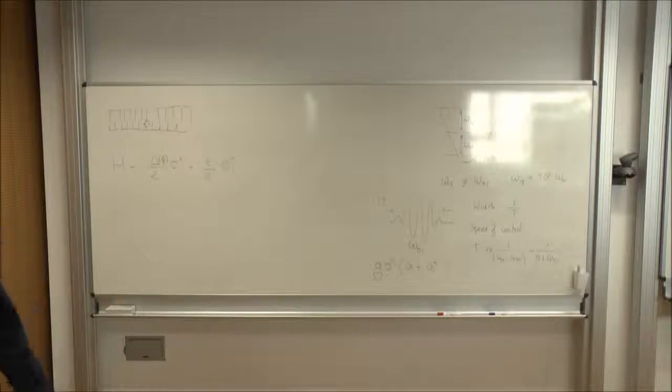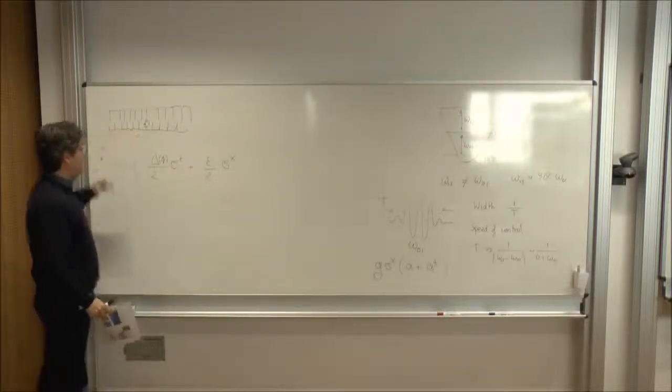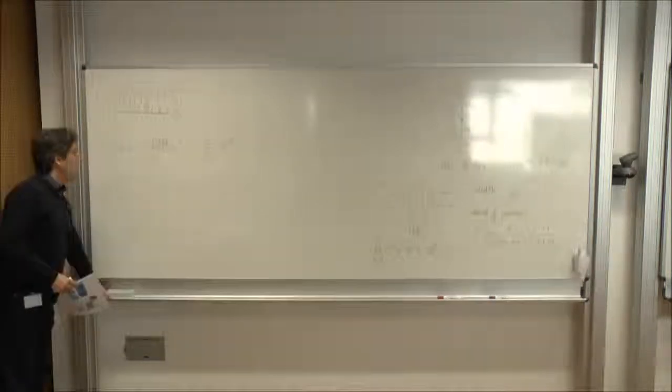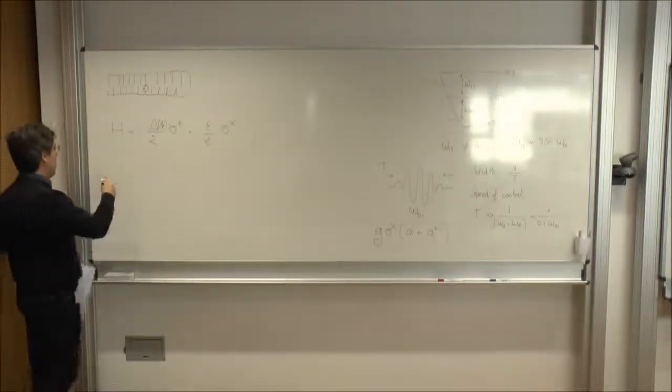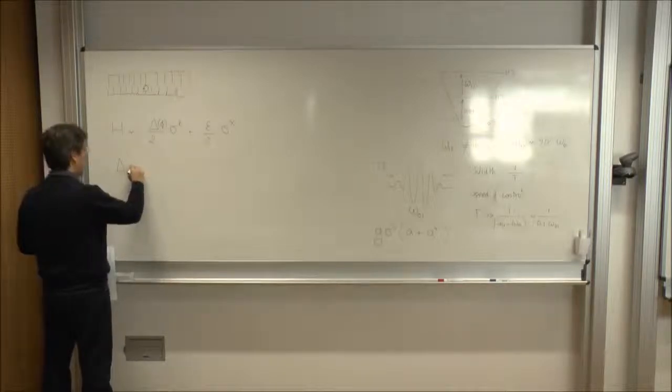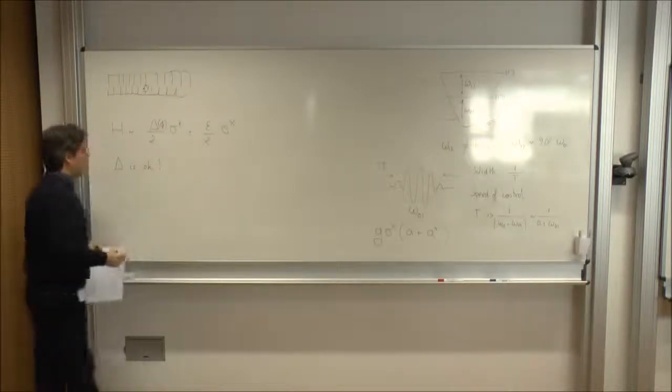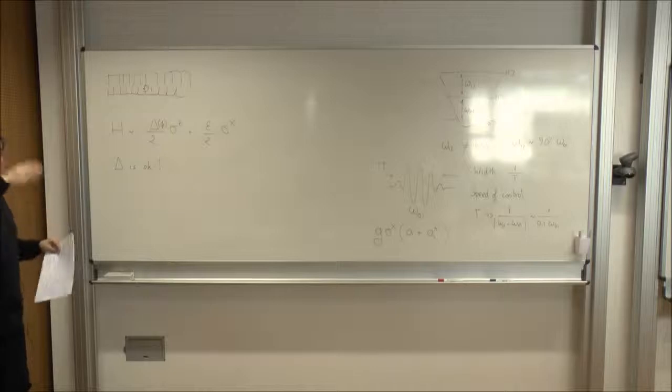But you may not need it. Why would you need to tune the gap of the qubit? If you design a qubit which has the right gap, delta is okay, then you wouldn't need to move it up and down.